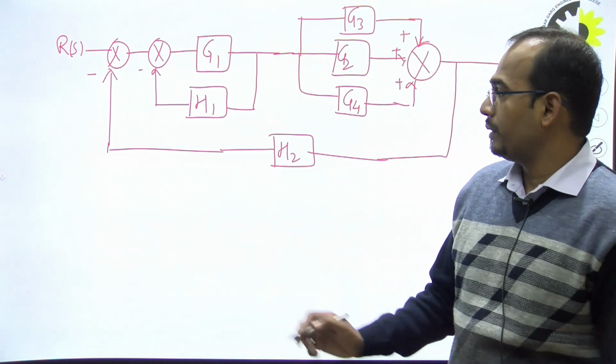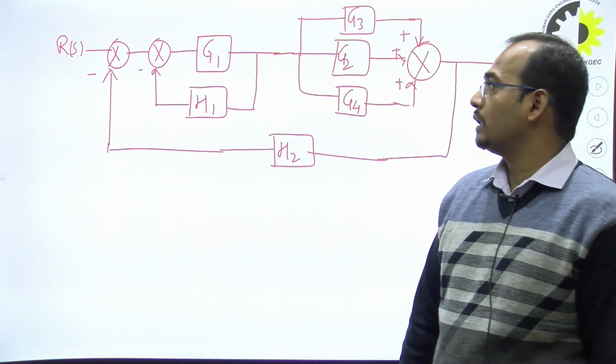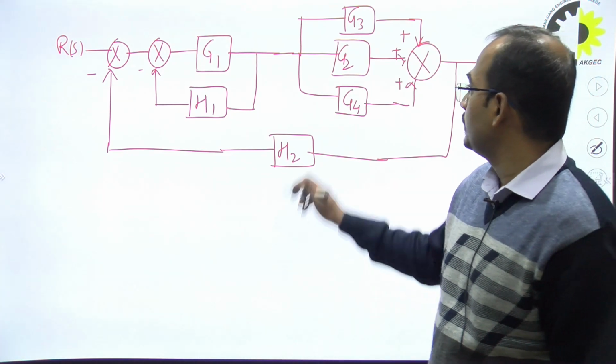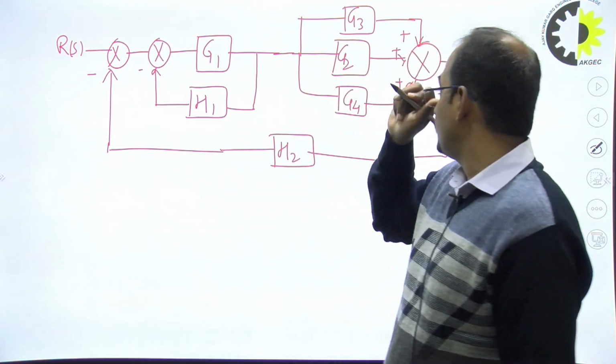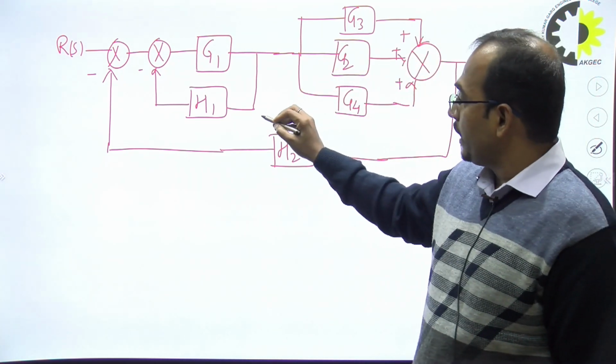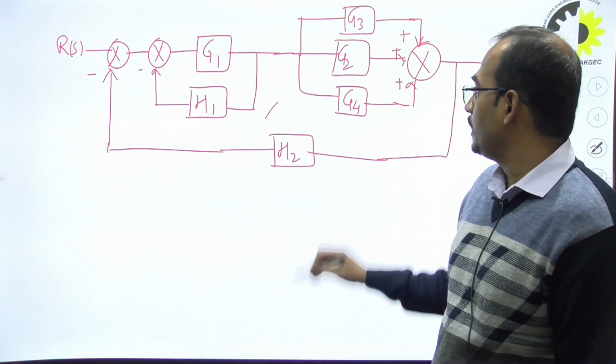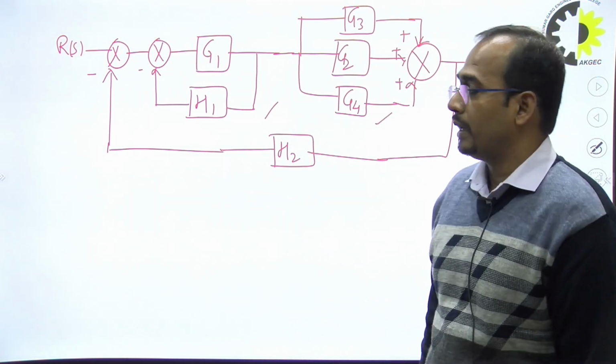This is a very simple block diagram in which you can see the standard canonical form, and this is also a parallel connection.